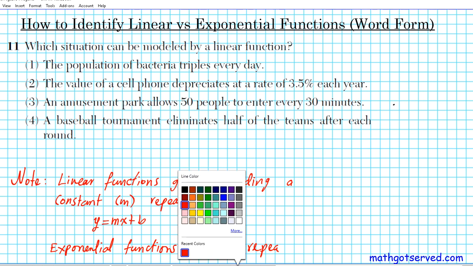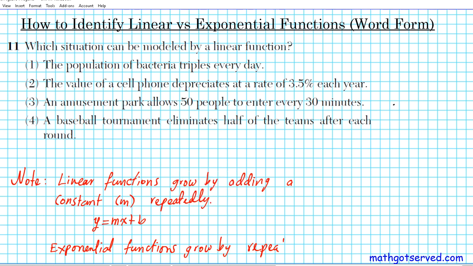So if you generate terms of a function by multiplying, then it's going to be an exponential function. You can think about an exponential function as y equals a times b to the x. b in this case represents your growth or decay factor. What do you multiply by over and over again, or what do you divide by over and over again?